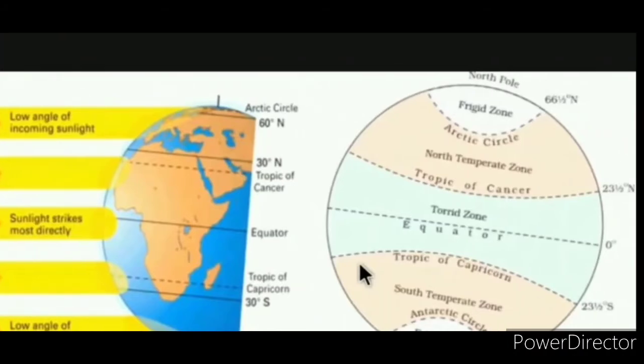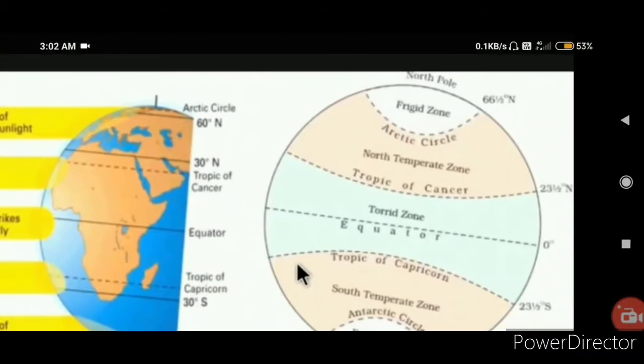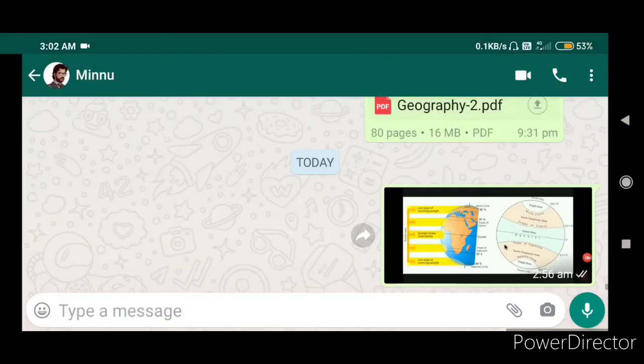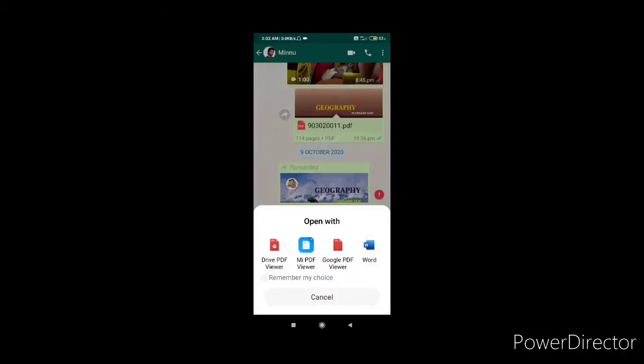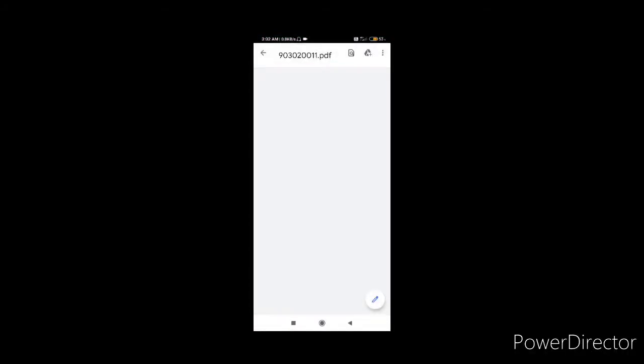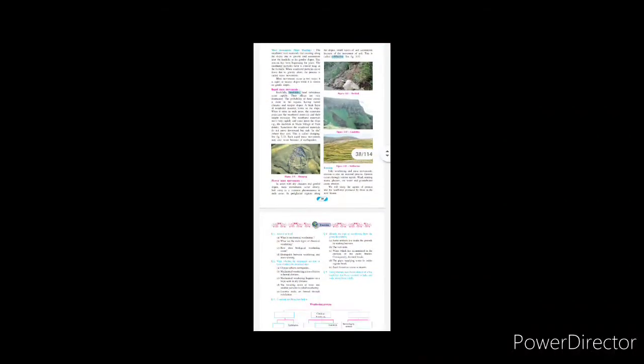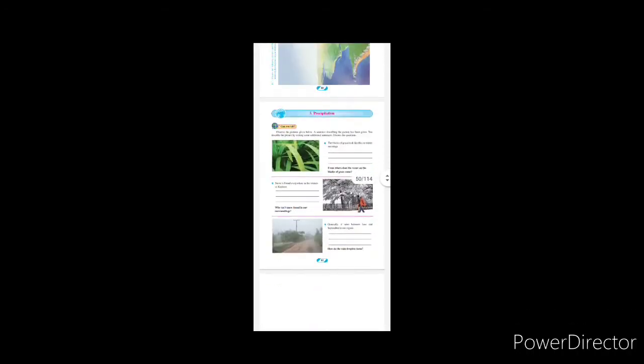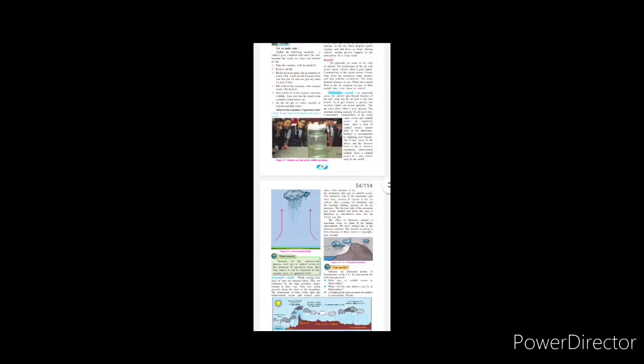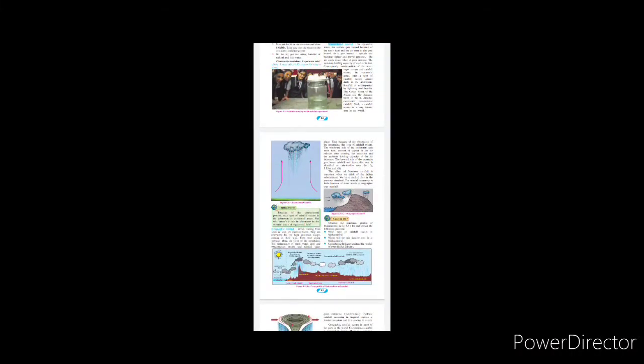Now we will continue our chapter. We have seen till now orographic rainfall.